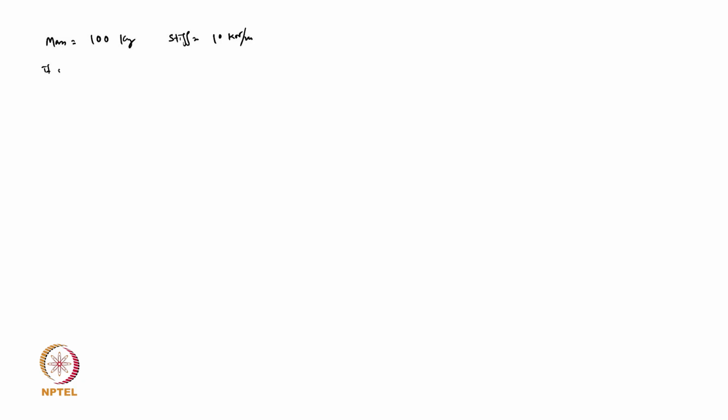It is at rest, and we are applying a constant force of 1 kilonewton for 1 second. So how to do that? Simple. First case, assume there is no damping. So we don't have damping.